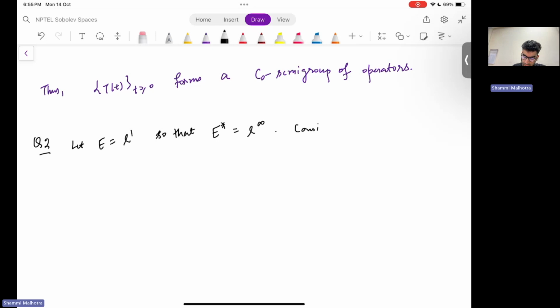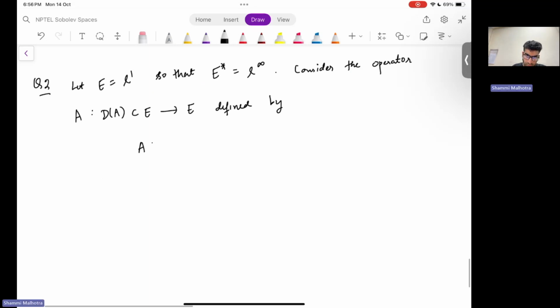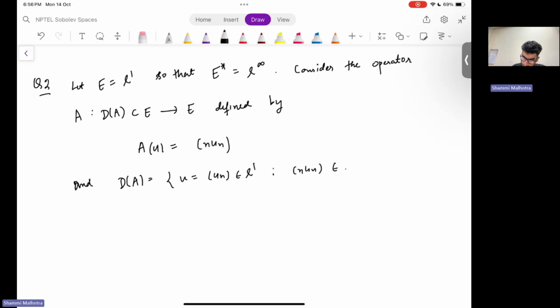Consider the operator A from D(A) subset E to E defined by A(u) is nothing but n u_n, and the domain is defined to be all the u = (u_n) which belongs to L1 such that n u_n is in L1.